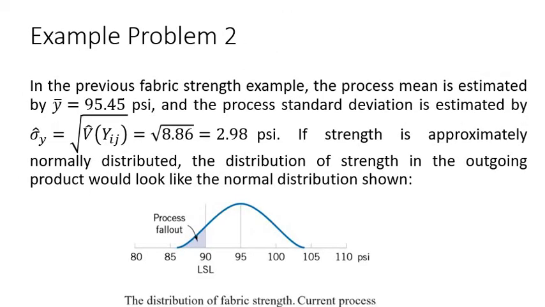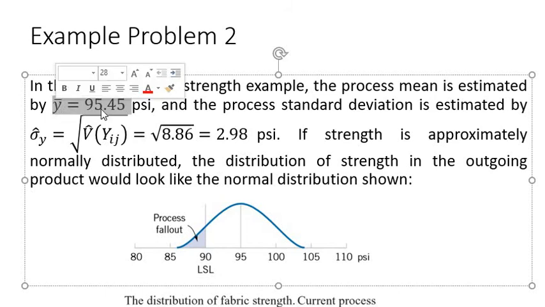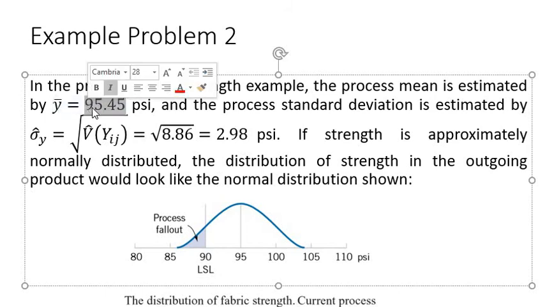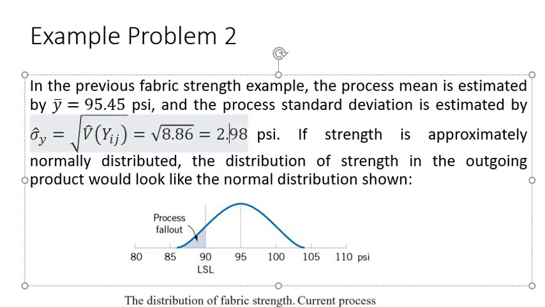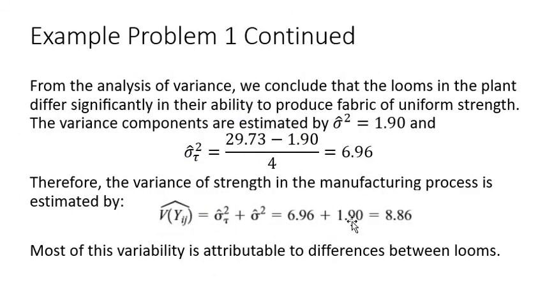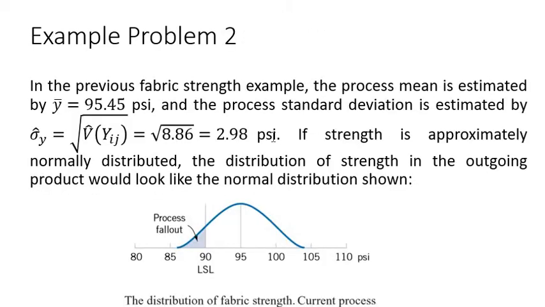Another example: in the previous fabric strength example, the process mean is estimated by this. This is given because it was estimated in the previous example. And the process standard deviation is estimated by this. We will just get the square root, the standard deviation, so 2.98 psi.